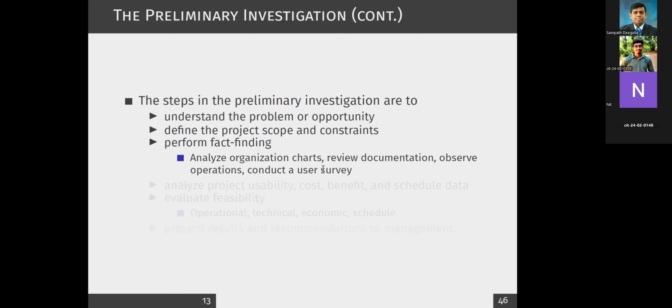Organization charts are one. An organization chart means that any organization has an organization structure. For example, in a university, we have vice chancellors, then deans, heads of faculty, heads of departments, and then lecturers. So likewise, you will have an organization chart.